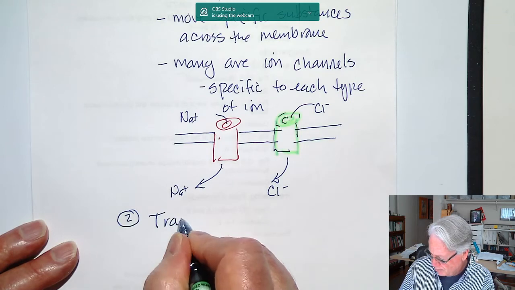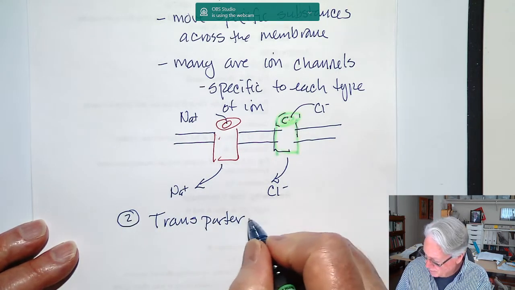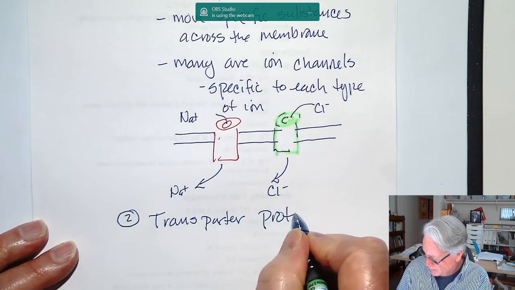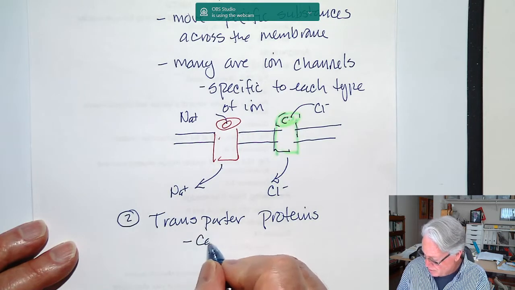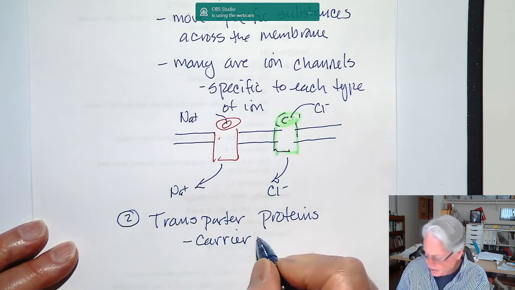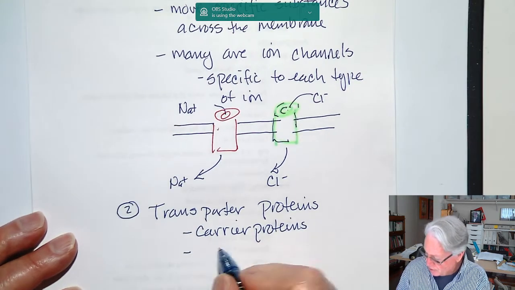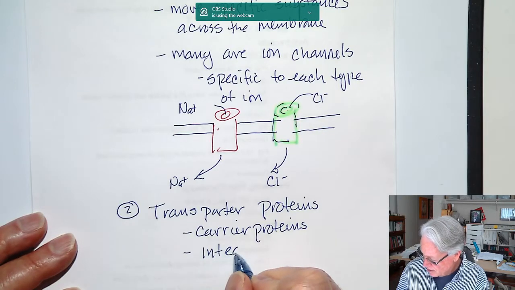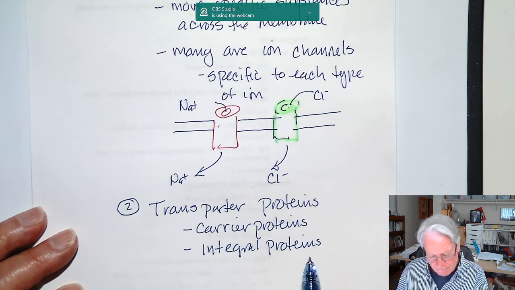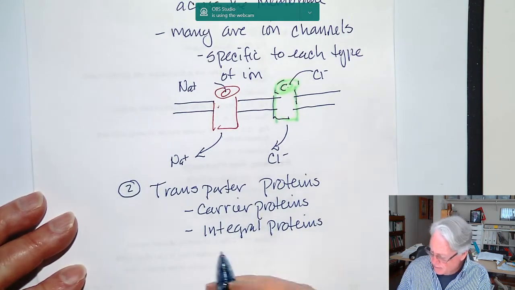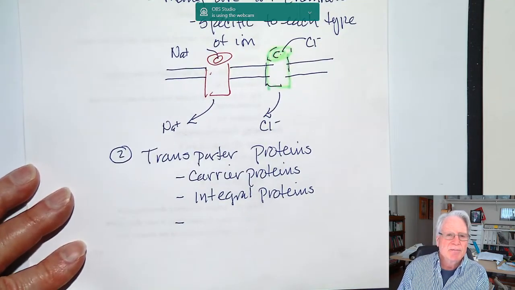Number two, transporter proteins. These are sometimes referred to as carrier proteins. And all of them are integral proteins. Okay. And again, what they're going to do is they're going to transport materials across the membrane by changing shape.